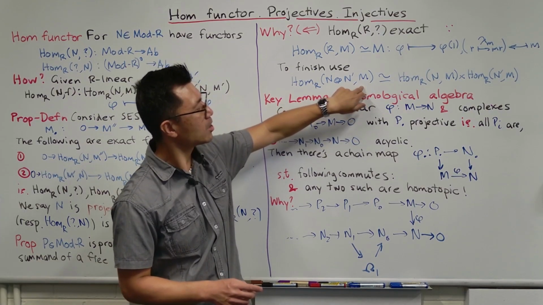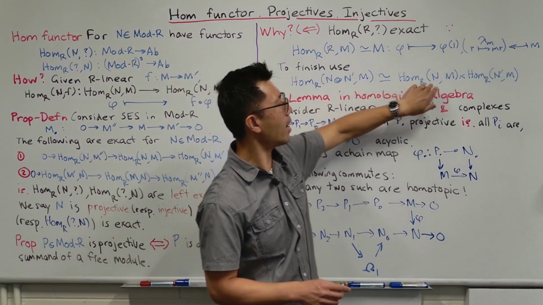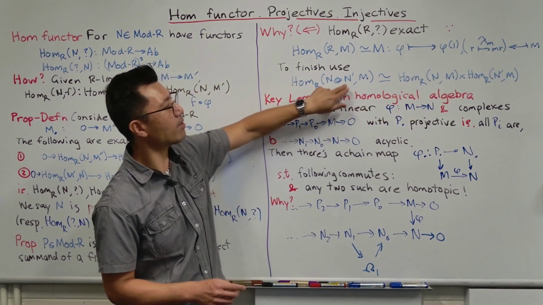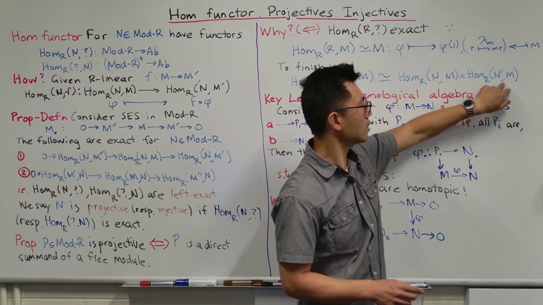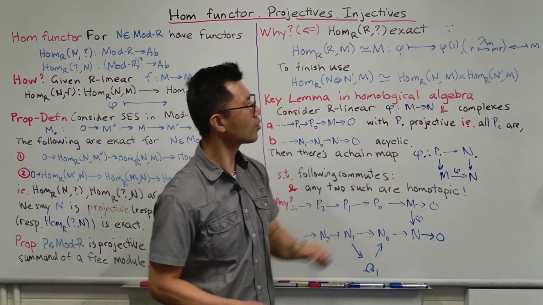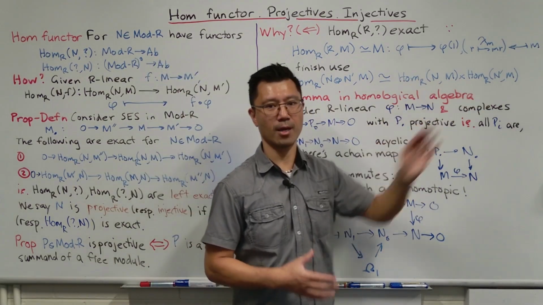You just have to say where it sends the elements of N, giving an element of Hom_R(N, M), and where it sends the elements of N', giving an element of Hom_R(N', M). So you just need a pair of such homomorphisms, and every such pair will give you a homomorphism. So there's a natural isomorphism like that.